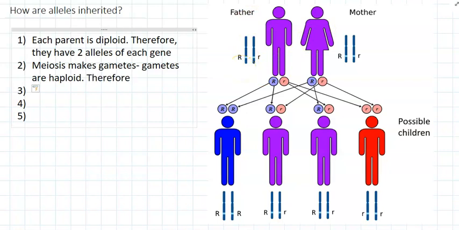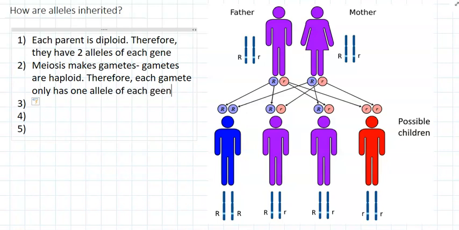So that means that each gamete's only got 1 copy, or 1 allele, of every gene. So when the father makes his sperm cells, each sperm is either going to get the capital R allele or it's going to have the small r allele.